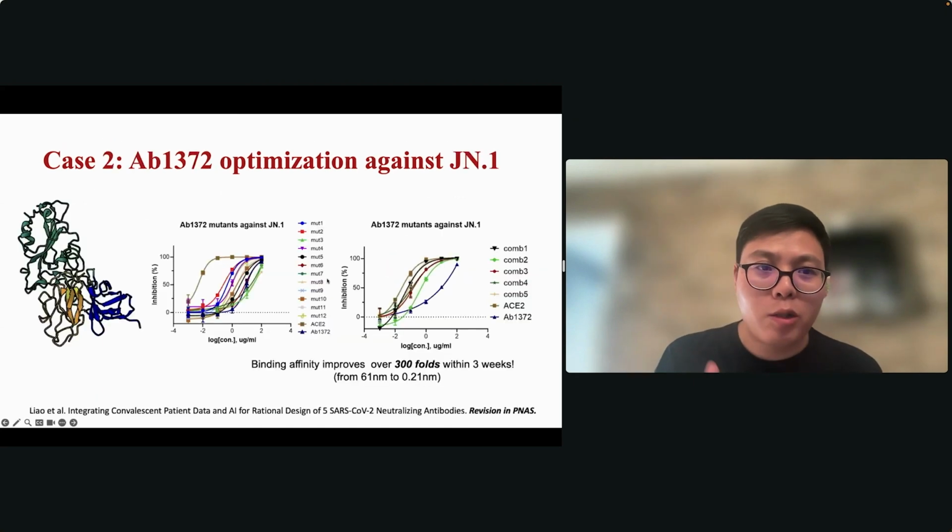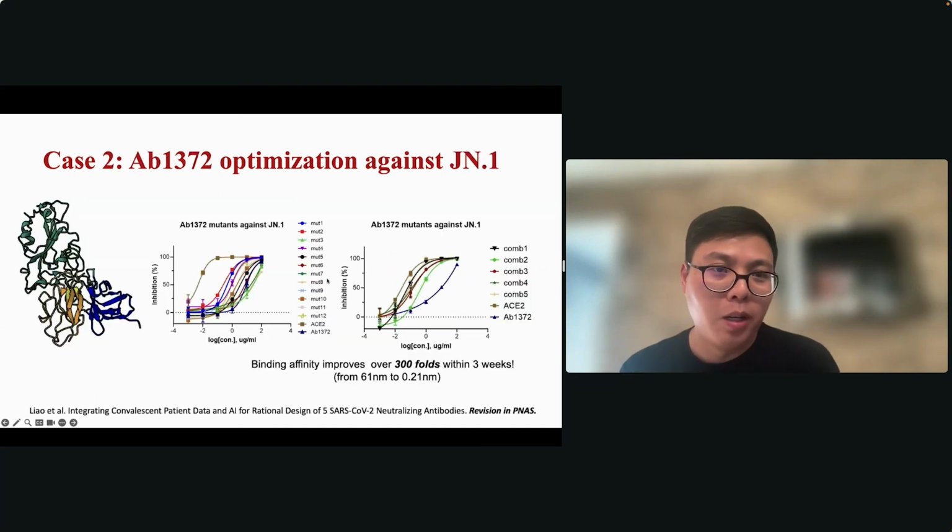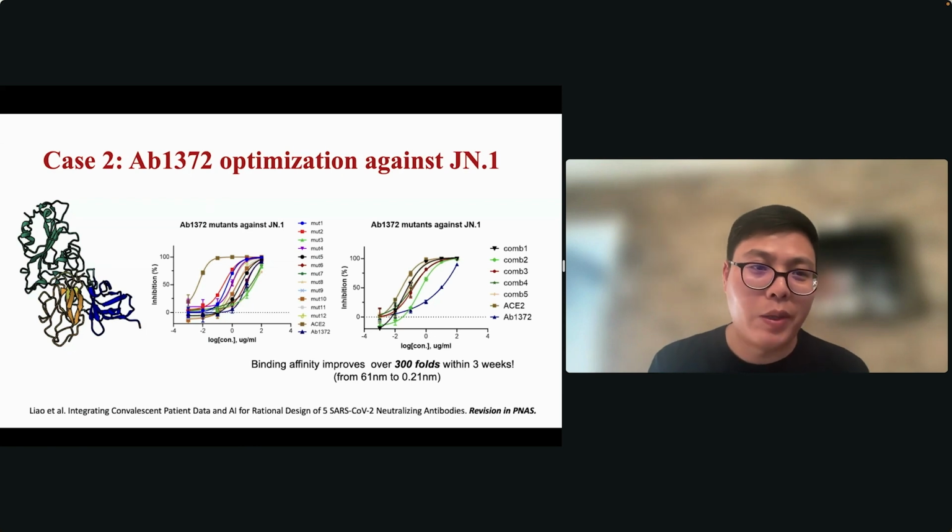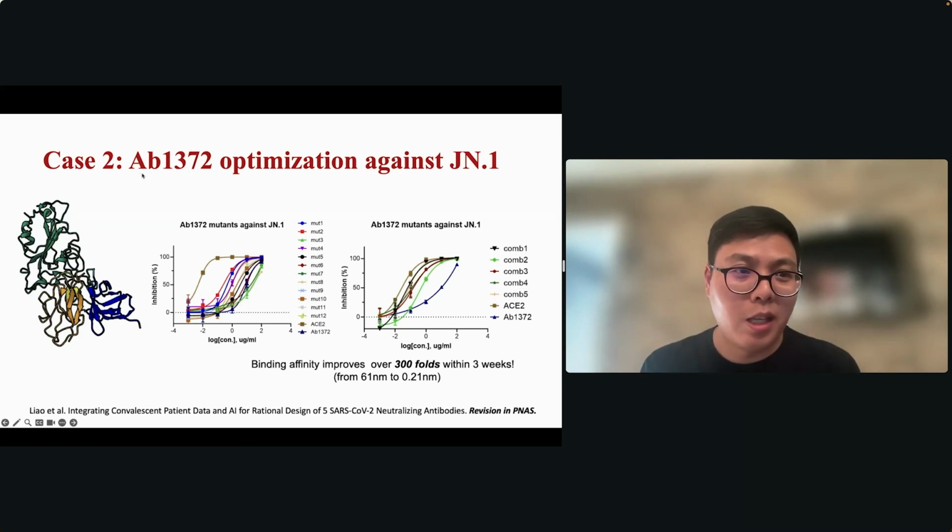And then we also collaborated with another group which has a similar problem. They also have a SARS-CoV-2 antibody, and they want to optimize this antibody to neutralize the new variant JN.1. So we did a similar thing.